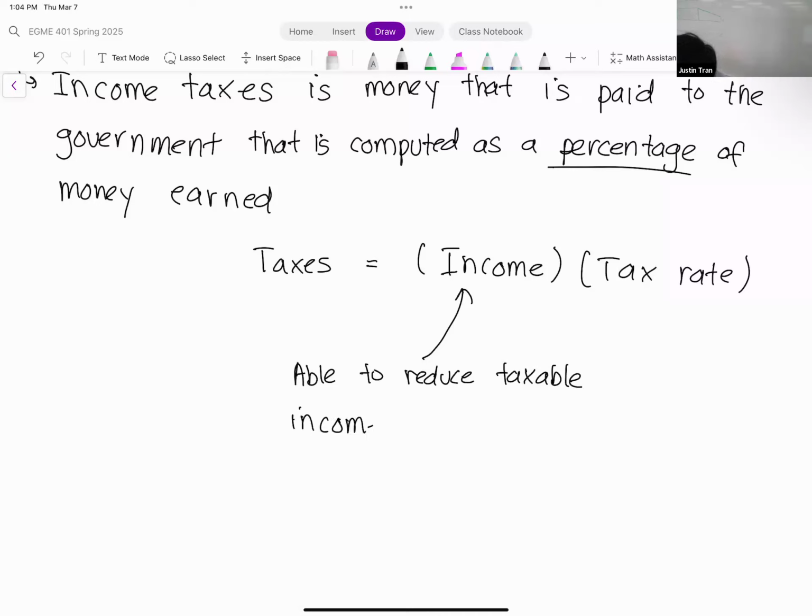What we were talking about last time is that businesses, and even individuals nowadays, as we're seeing a big rise of people who are self-employed or self-contracting, usually try to reduce their taxable income as much as possible by deducting away their business expenses.